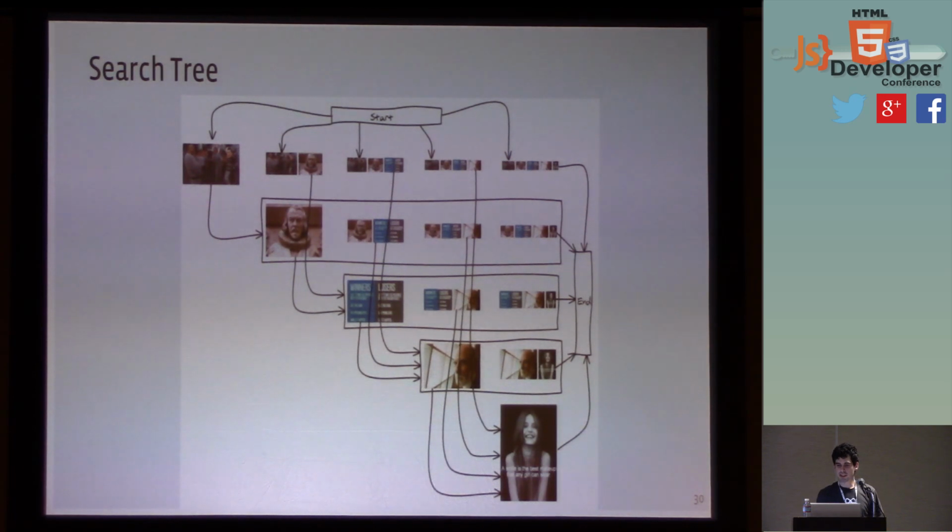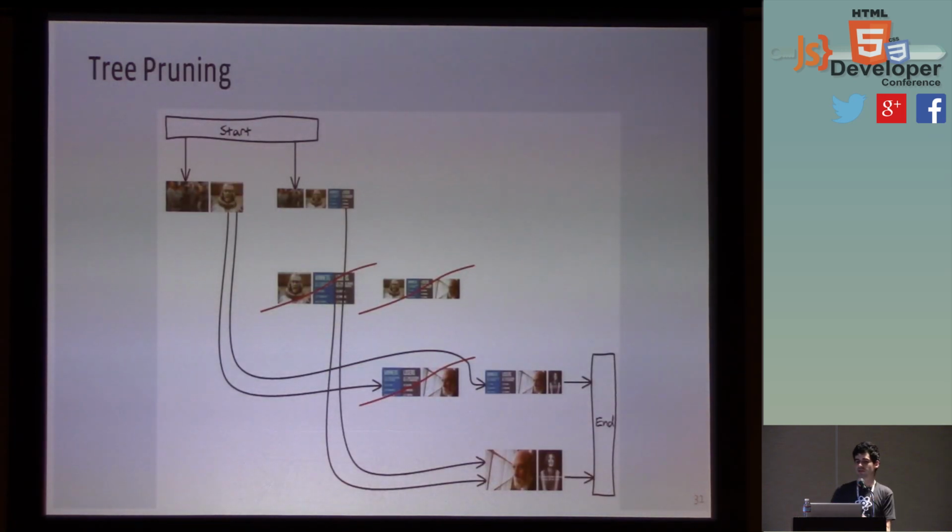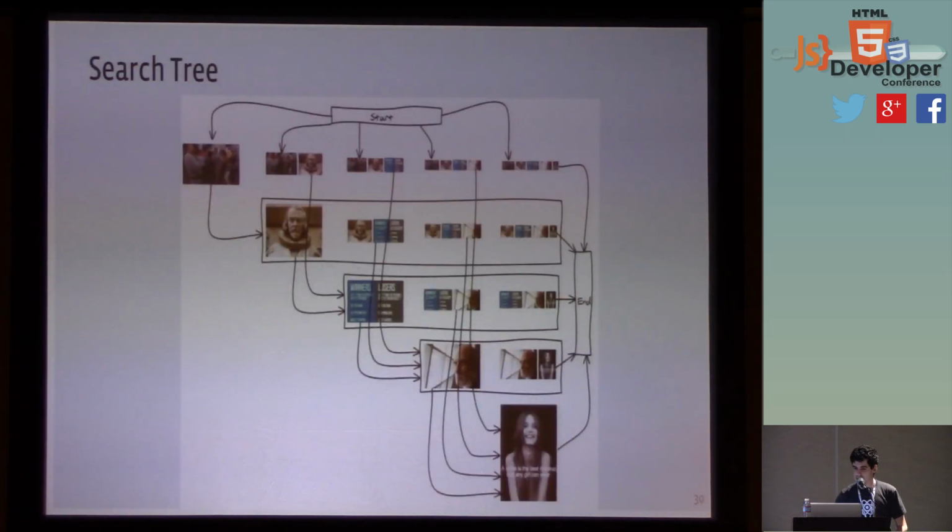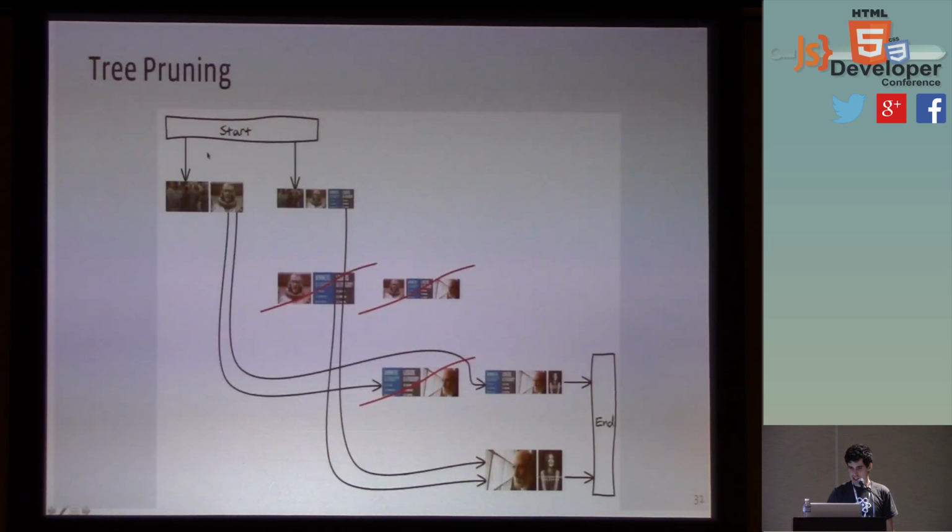So the first thing we can do is to prune that tree. The issue here is that we are almost never going to want to display only one image. And we're almost never going to display 5 images in the same line. So we can remove all the nodes that have 5, 4 images and 1 image. And we end up with this tree.